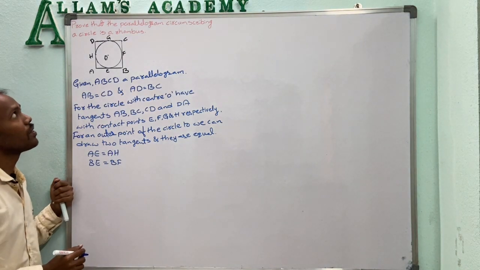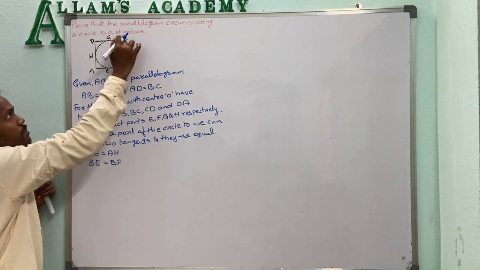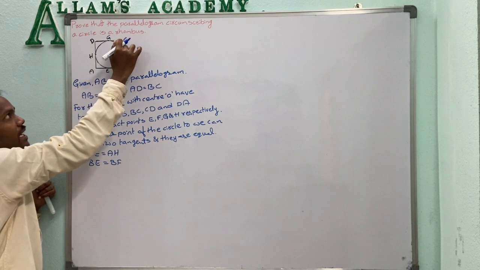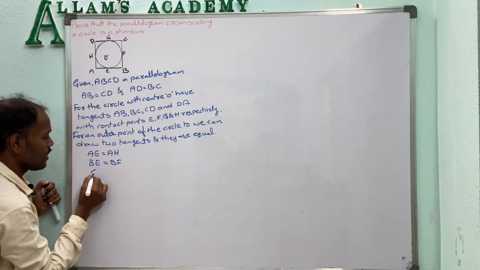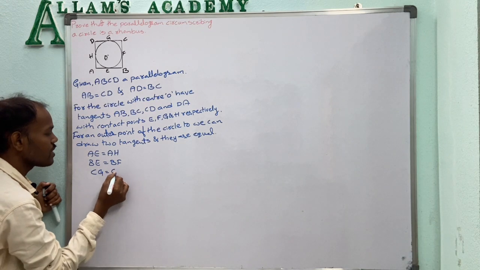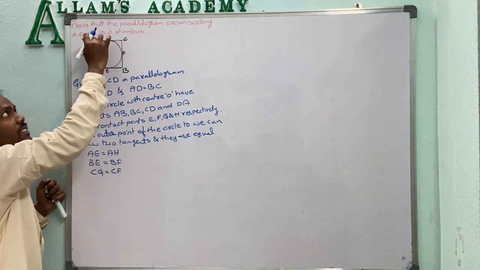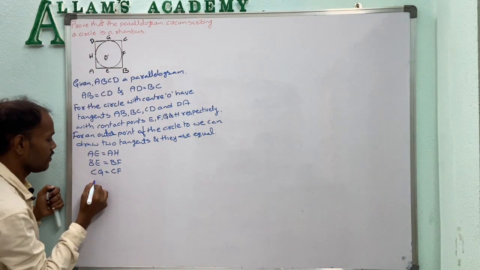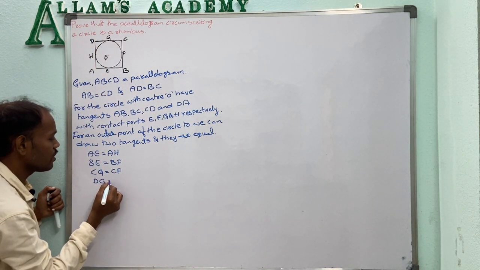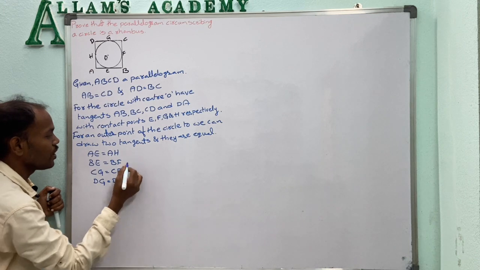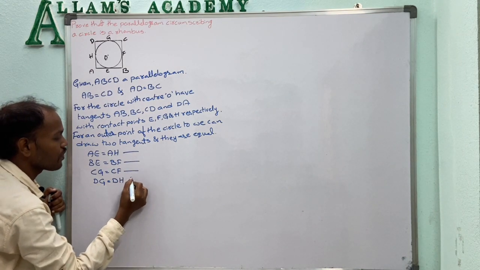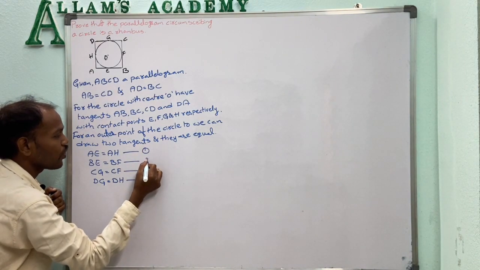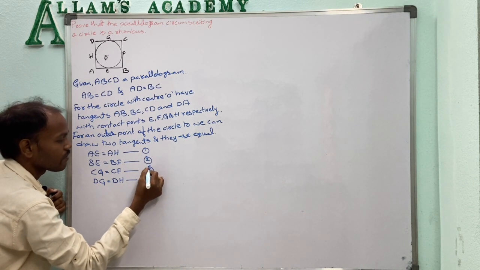Next, from C, CG and CF are also equal. CG equal to CF, and from D, DG equal to DH. Now these four will be taken as four equations.